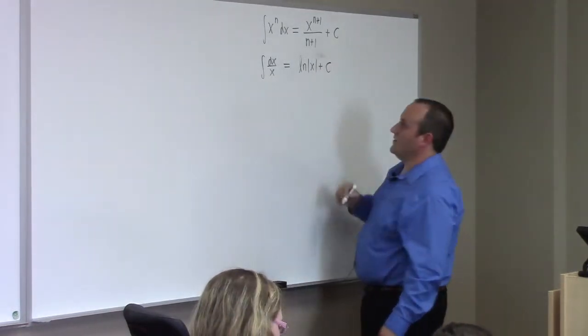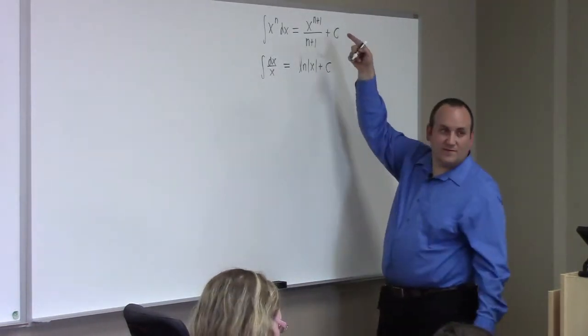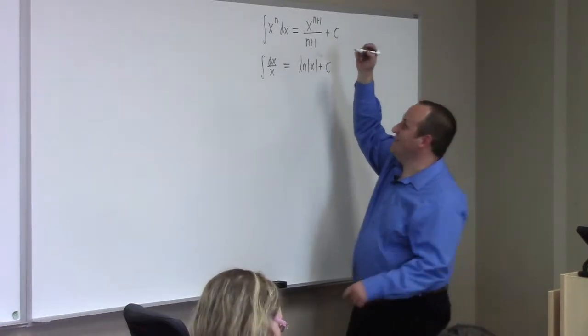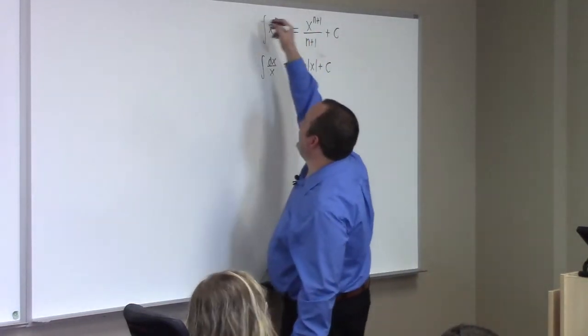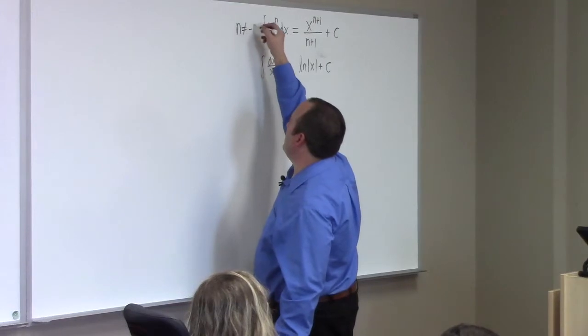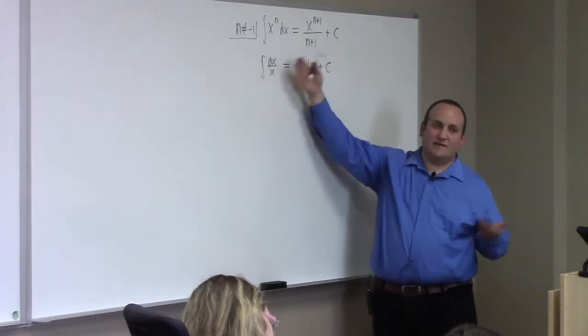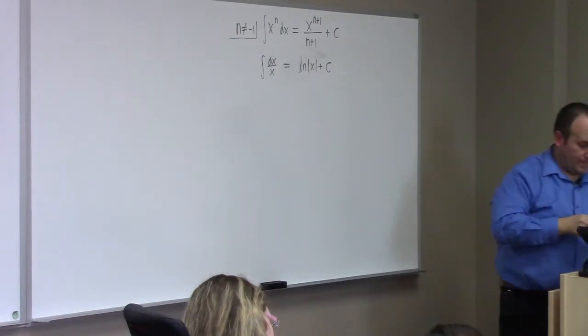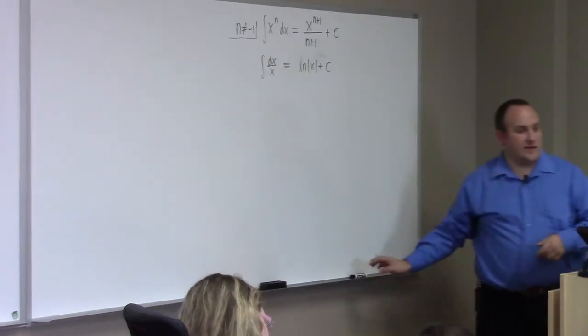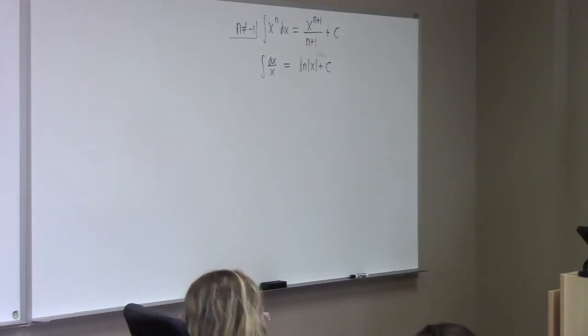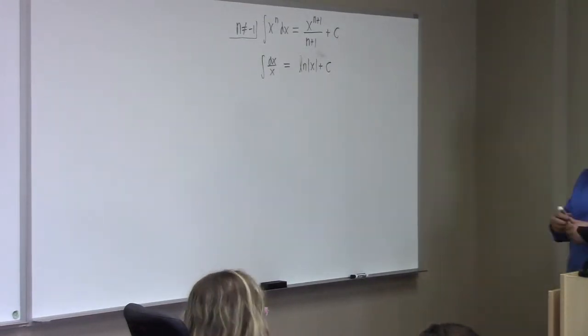Very good. Now this, of course, has some fine print. n not equal to minus 1, right? Because what happens when n equals minus 1, you get the log. All right, fine. We got sine, we got cosine, we got cosh, we got sinh. Do I need to write them again? Fine.